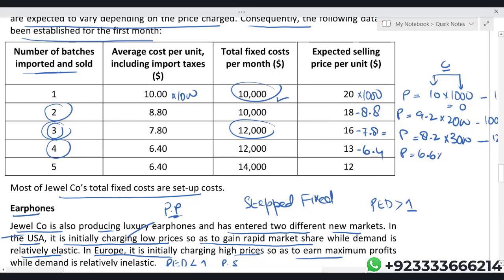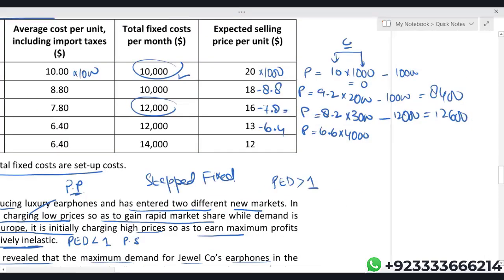But now we are dealing in 4 batches. 4 batches means 4,000 units. 6.6 multiplied by 4,000, I'm getting 26,400. So the contribution 26,400 minus the fixed cost, which is 12,000, I'm getting a profit of 14,400.